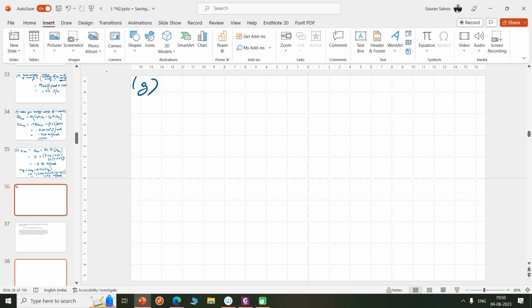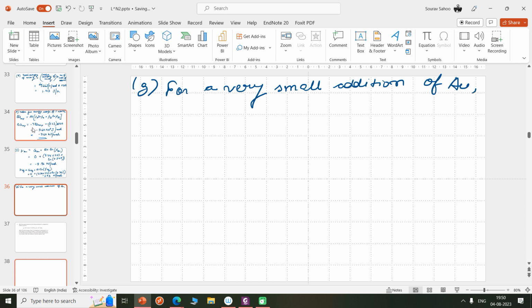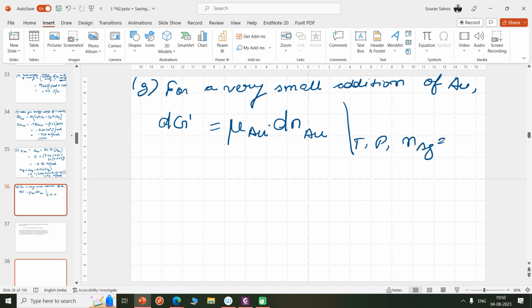So for a very small addition of gold, we have dG' is equal to mu Au dN, provided the temperature, pressure and Ag are constant. At 500 degrees centigrade, mu Au was calculated as minus 8.96 kJ per mole.